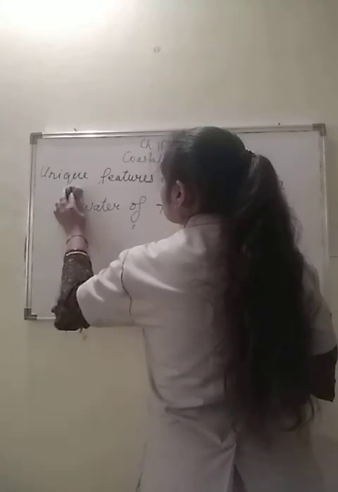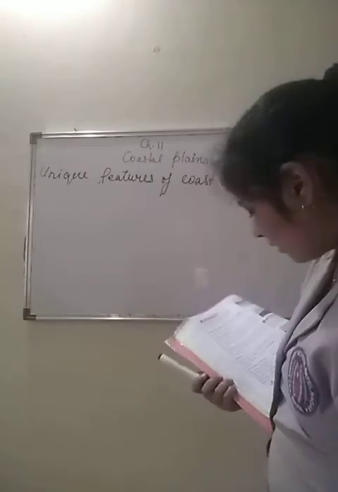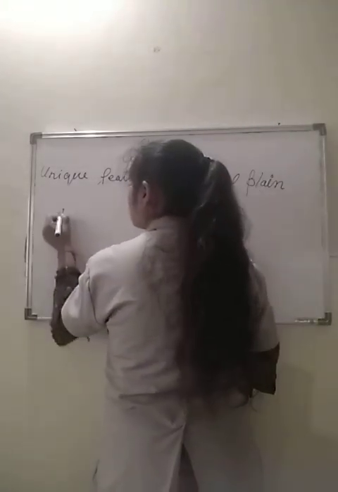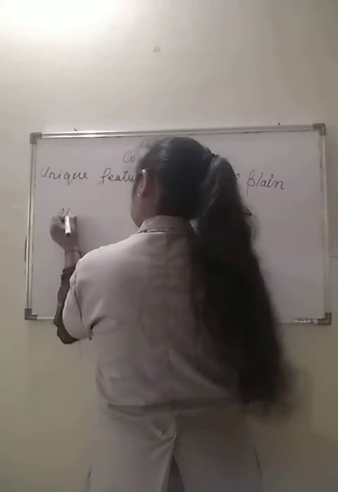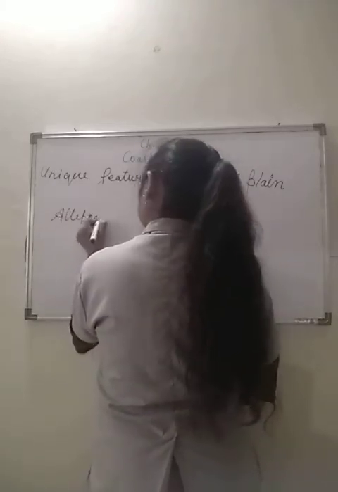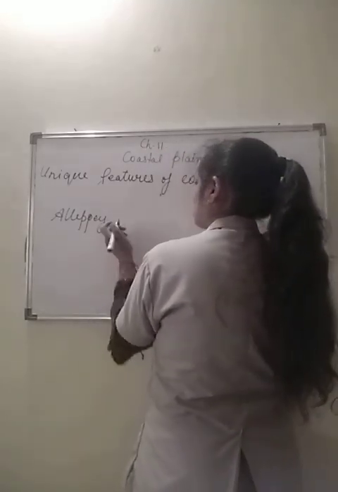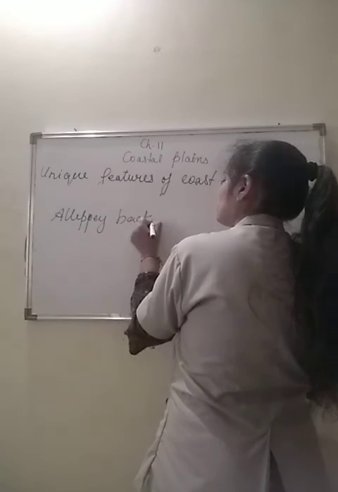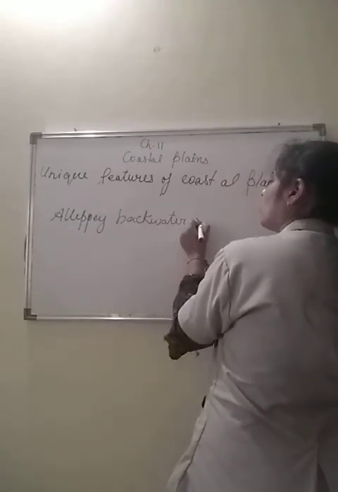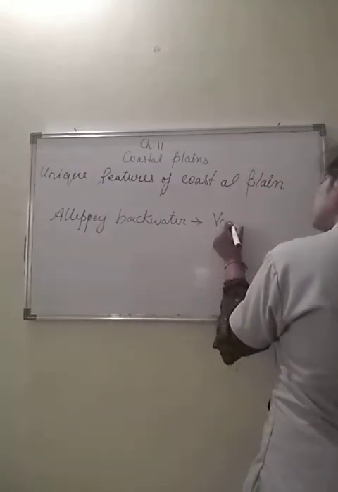This could be an example of an MCQ: name the Venice of the East. It is Alleppey backwater. It is called the Venice of the East.